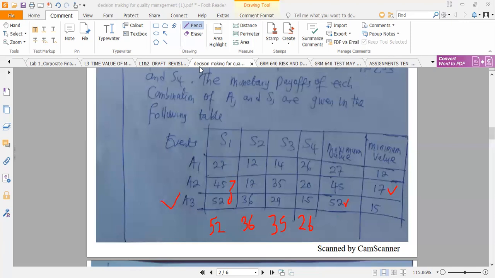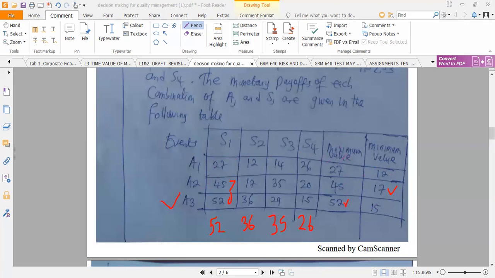You got under each alternative A1, A2, A3. You got the maximum values under each state of nature. And you got the minimum values. So under max, you got the maximum, which is 52. That's the highest.